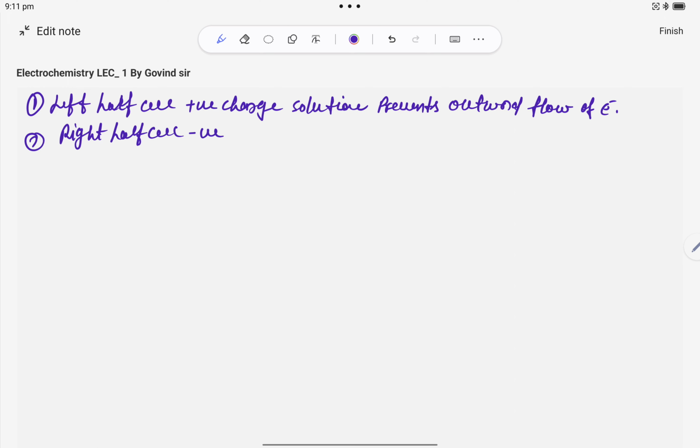negative charge solution, because SO4 ions in the solution prevent inward flow of electron. Then a problem happened.